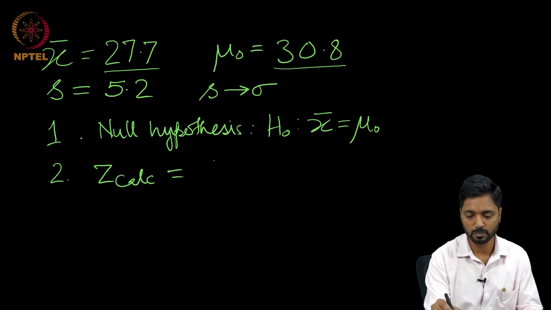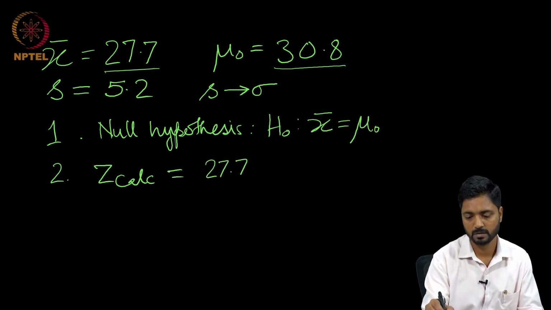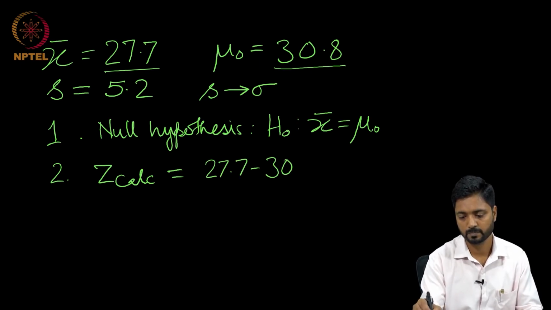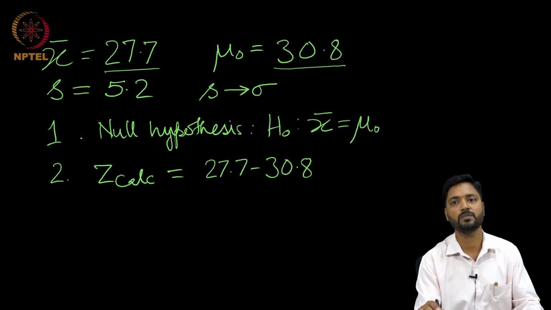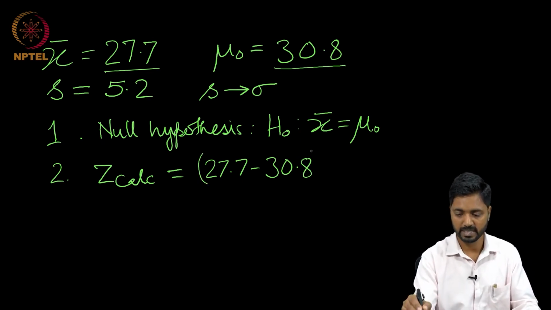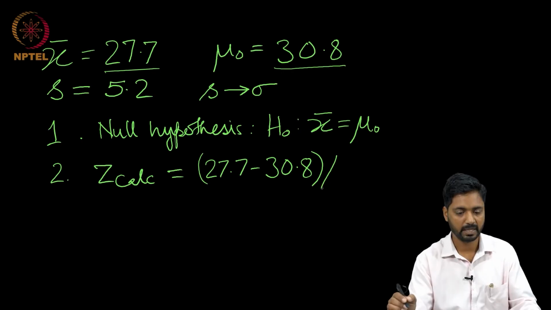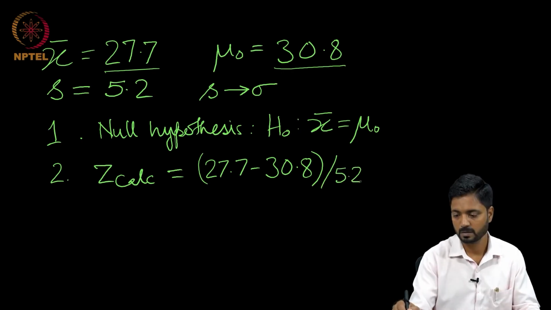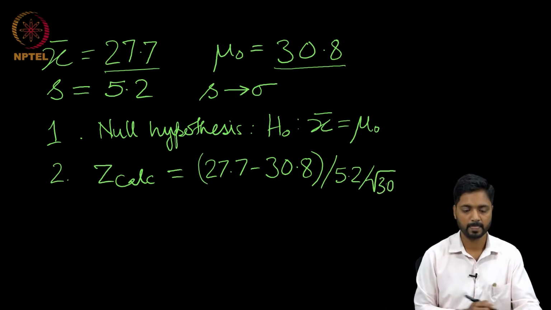That will come out to be 27.7 minus 30.8 divided by root 30.